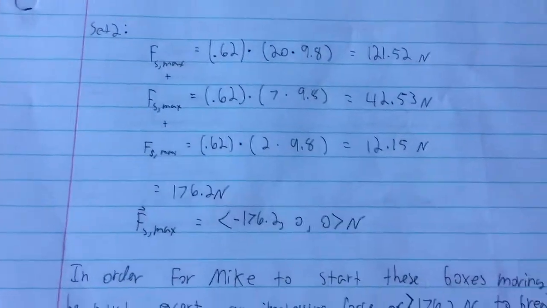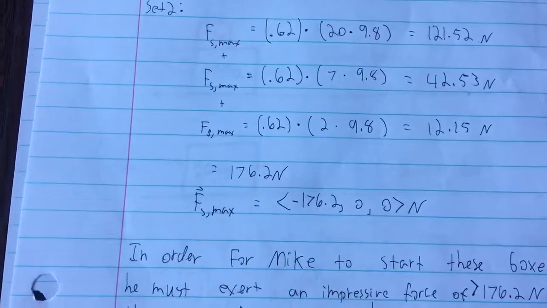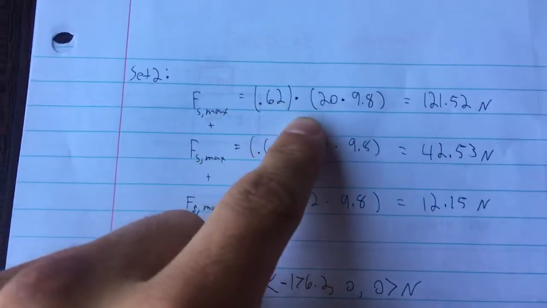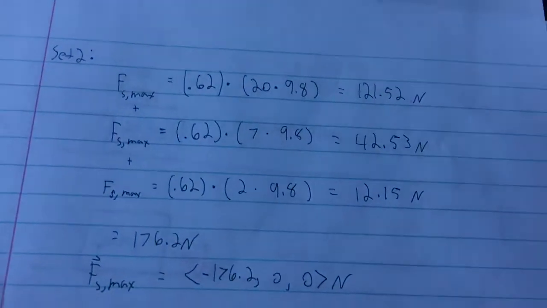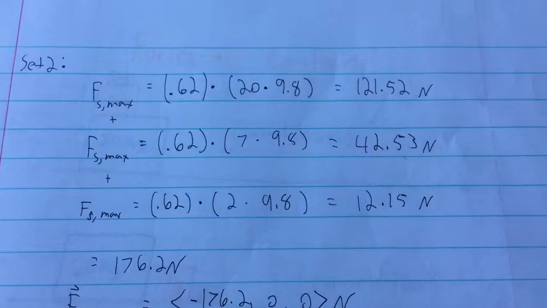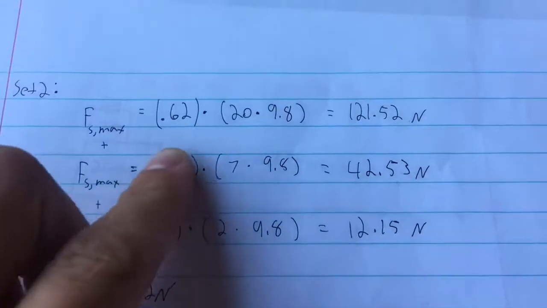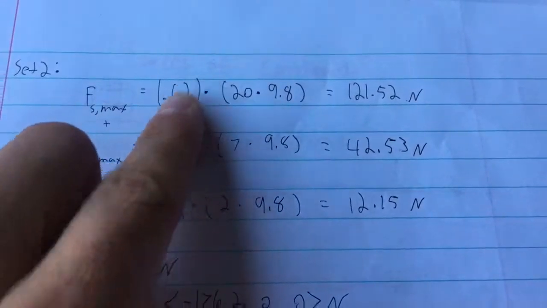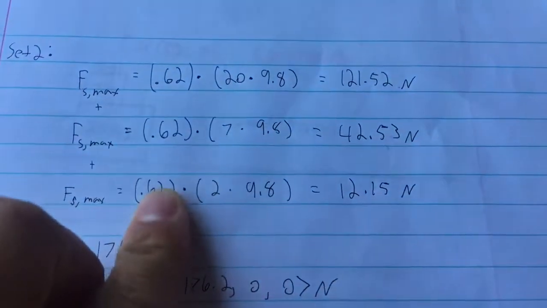With the second set, we have the boxes lined up in a line, so we have 3 different static frictions fighting against Mike as he's pushing these boxes to the door, and we see that 0.62 is our coefficient for static friction. All of these are the same formulas.